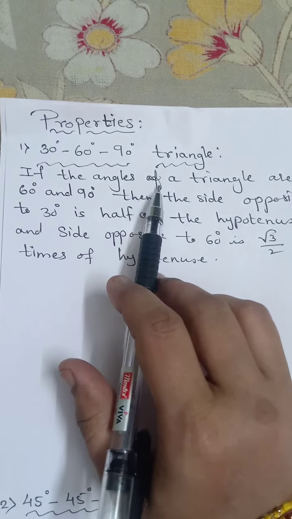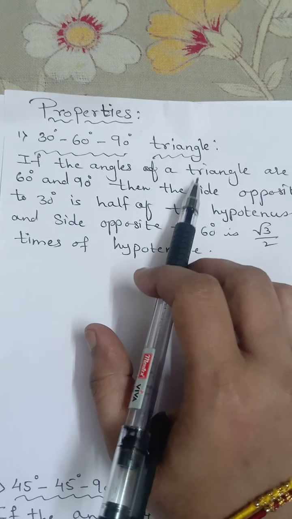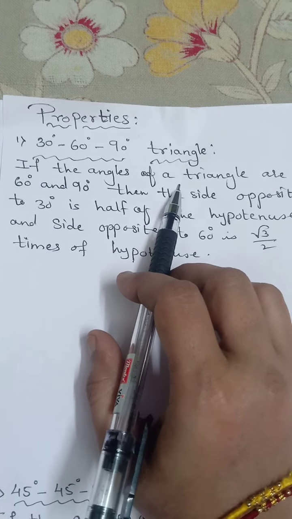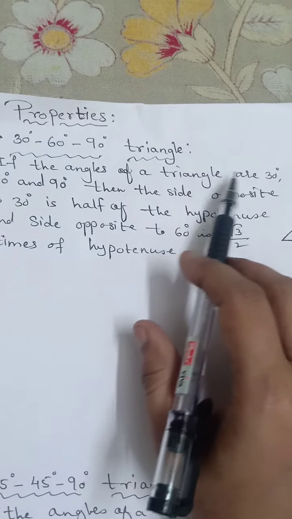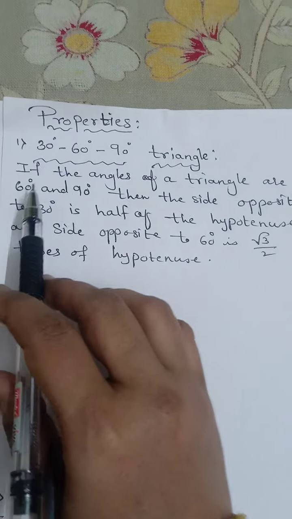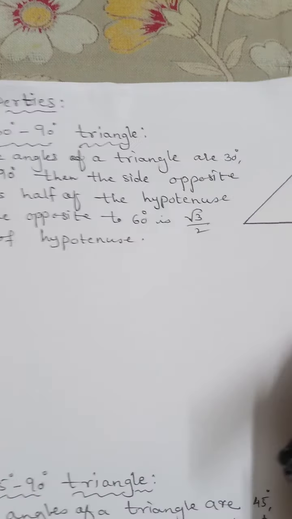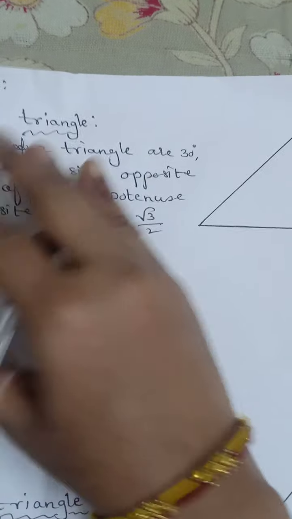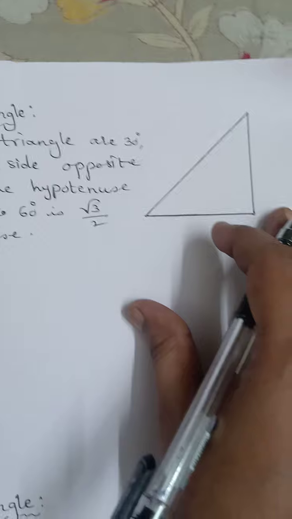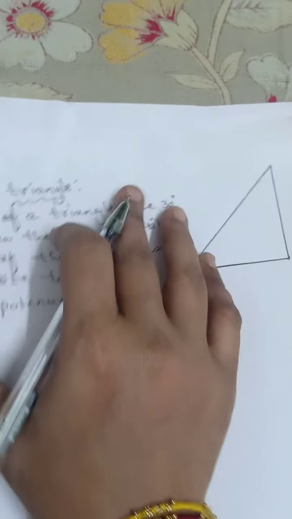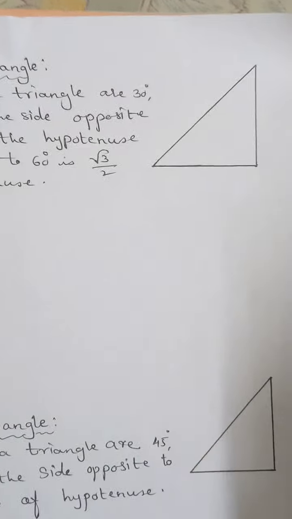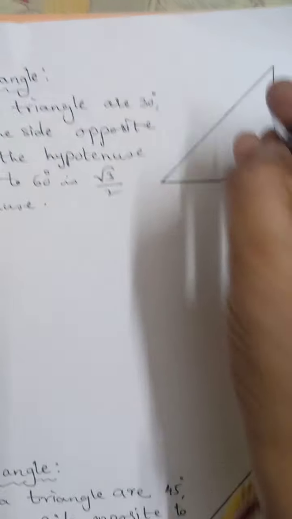If the angles of a triangle, that means we have to take one triangle, and in that triangle the angles we have to take are 30 degree, 60 degree and 90 degree. So here I have taken one triangle.